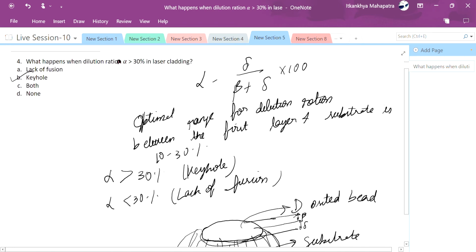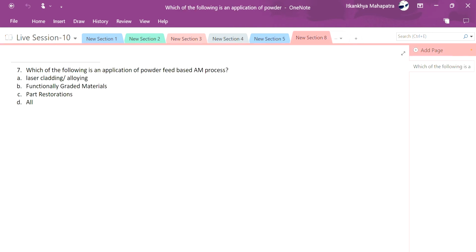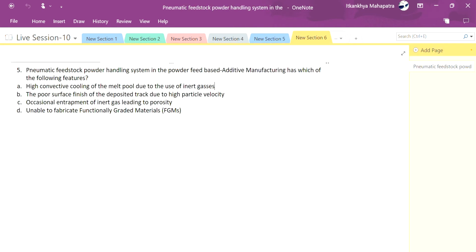Okay, so moving on to the next question. Pneumatic feedstock powder handling system in the powder feed based additive manufacturing has which of the following features? So this is the direct question.